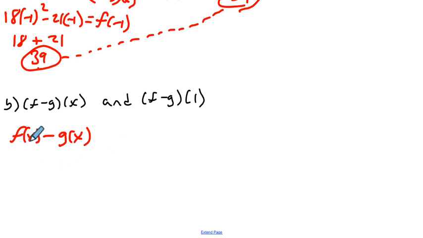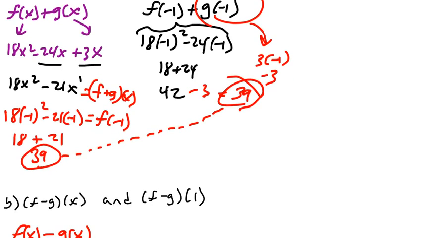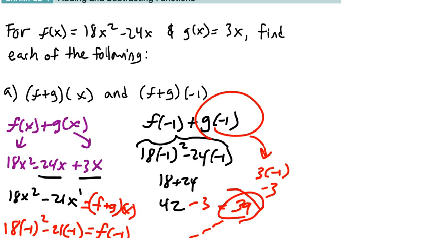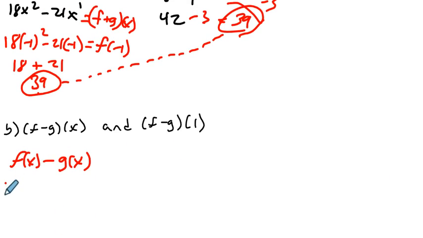Let's remind ourselves, what is f of x? F of x is this right here, right? It's the 18x squared minus 24x. Okay. Is that right? Make sure, yeah. 18x squared minus 24x. So this right here represents f of x. Minus, right, minus. Now, what is g of x?